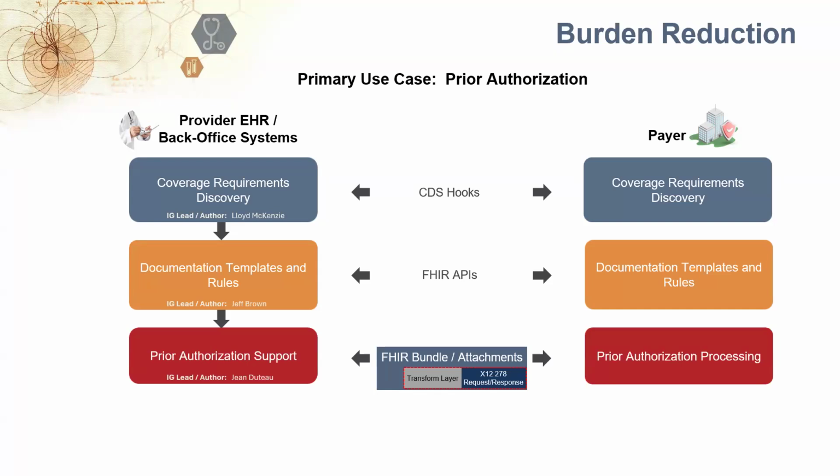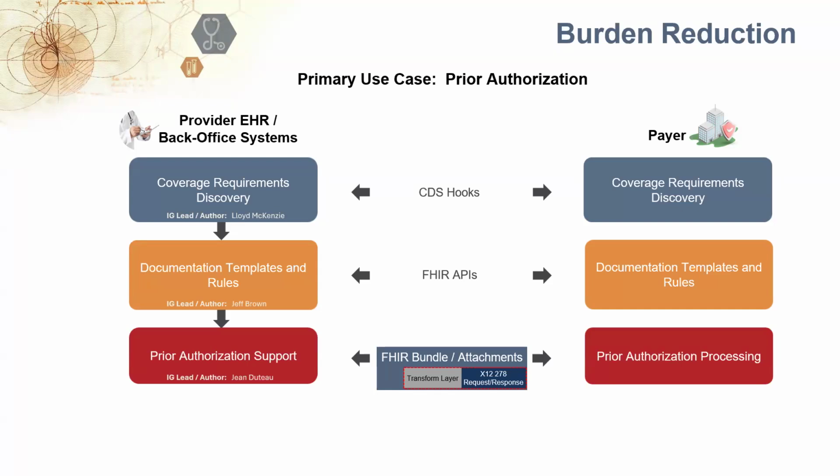This IG is also a financial management implementation guide. One thing you'll notice as you look down the middle is the primary technology being leveraged in a more general sense. So CDS Hooks for CRD, just standard FHIR APIs for DTR, and then the box that's in between, prior authorization support, or PAS, is a FHIR bundle, and there'll be attachments, which we'll talk about, and a transform layer.